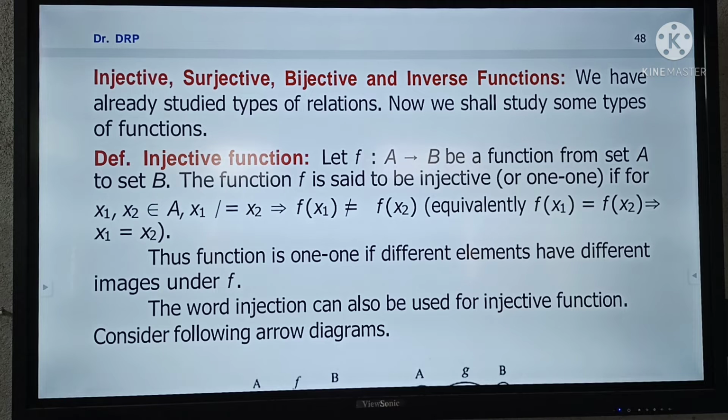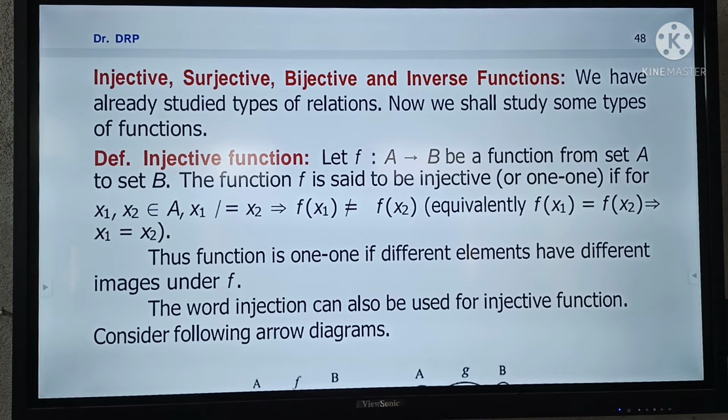Injective, surjective, bijective, and inverse functions means one-one, onto, and one-one onto. So that is injective, surjective, and bijective function.